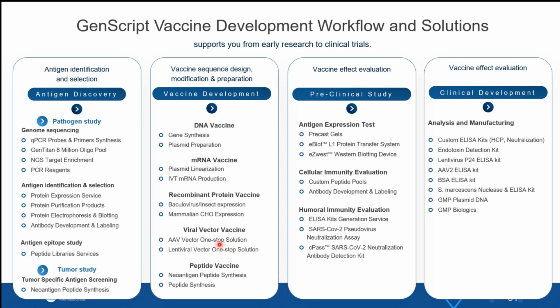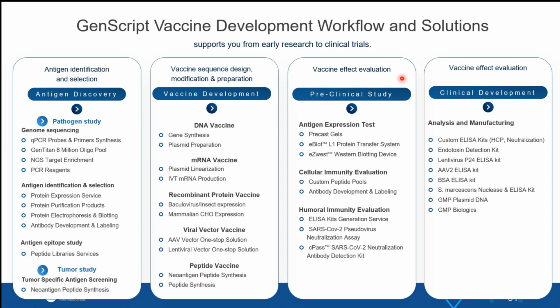Or if you want to use viral vectors, we have an AAV vector one-stop solution and a lentiviral vector one-stop solution. And of course, I mentioned peptide synthesis today. So we have peptide synthesis and also neoantigen peptide synthesis.